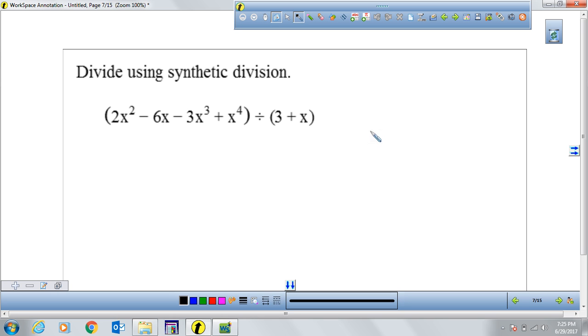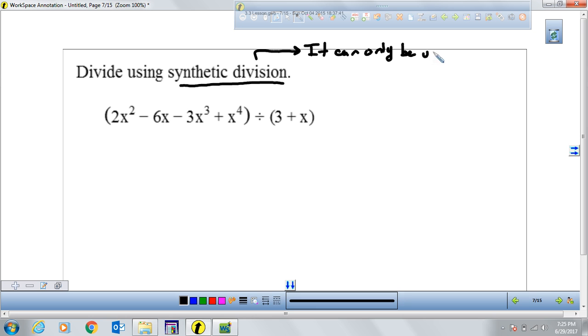Okay, so before actually I go over the synthetic division, there's one little fact that you need to know about it. It can only be used when dividing by a linear factor.